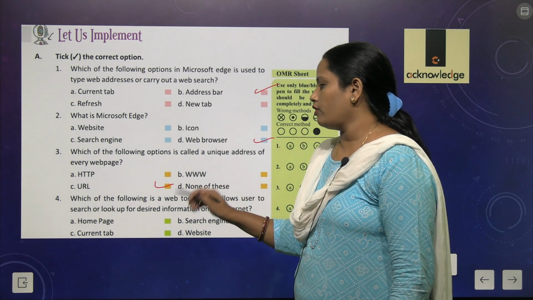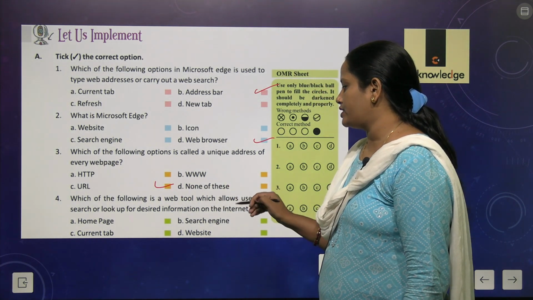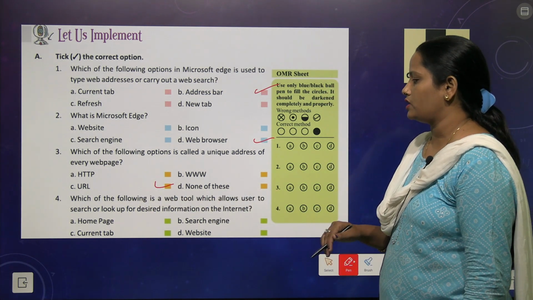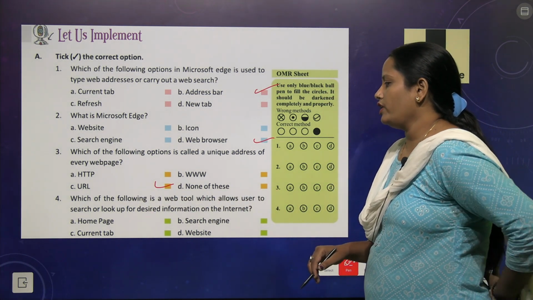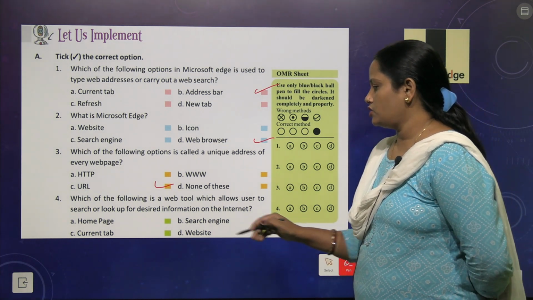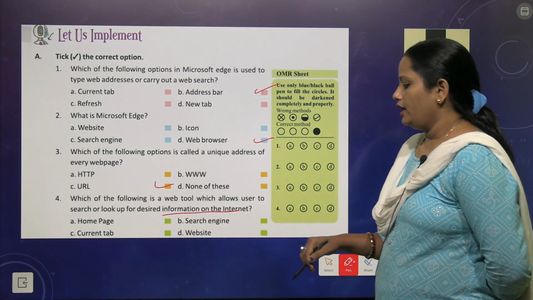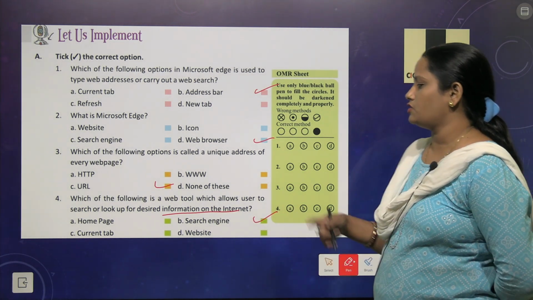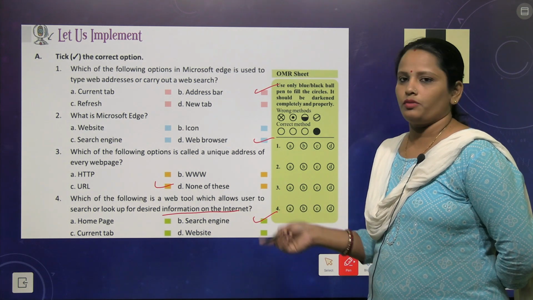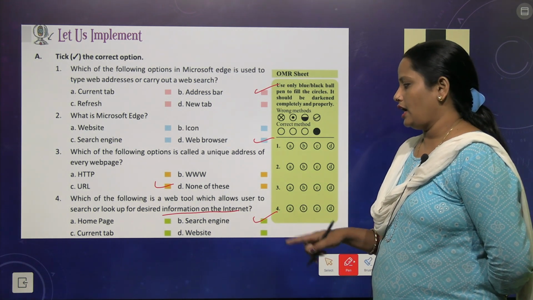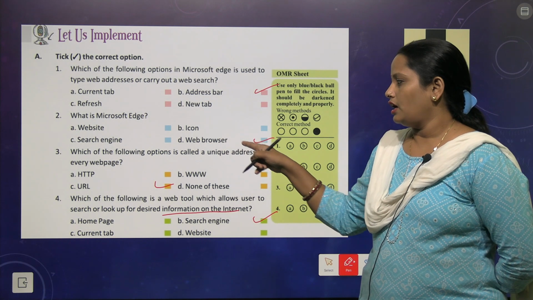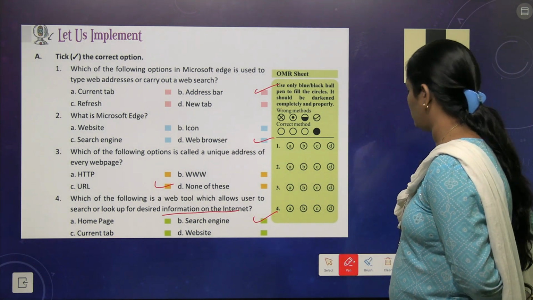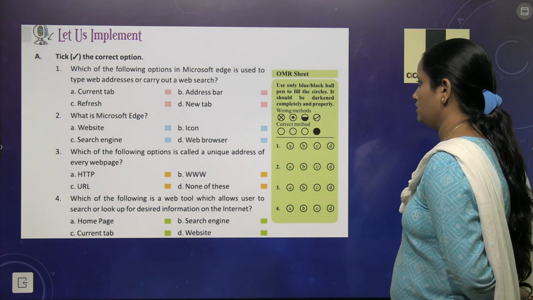Which of the following is a web tool which allows users to search or look up desired information on the internet? Yes, the correct answer is search engine. By the search engines we can look for information on the internet, and these search engines are put on the web browser.